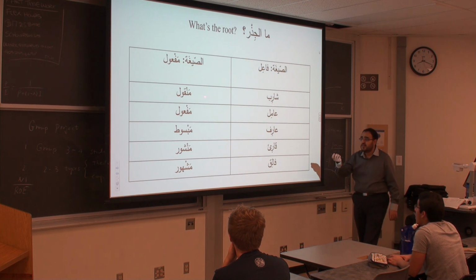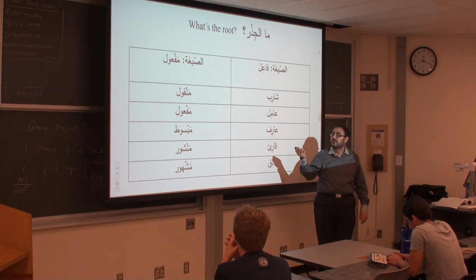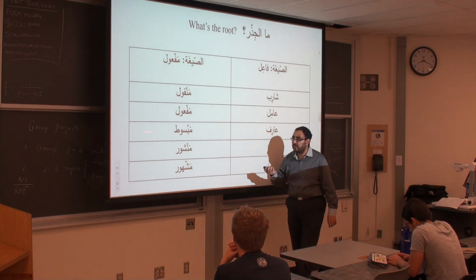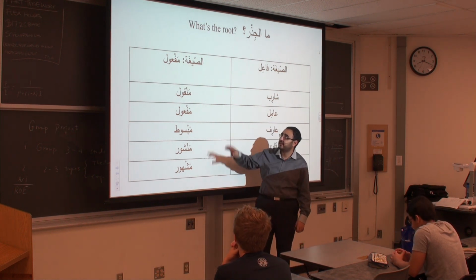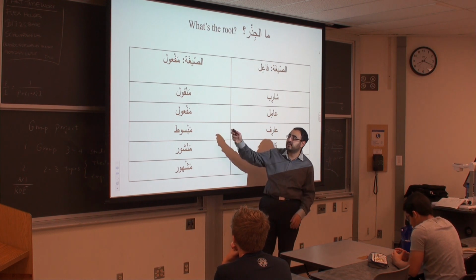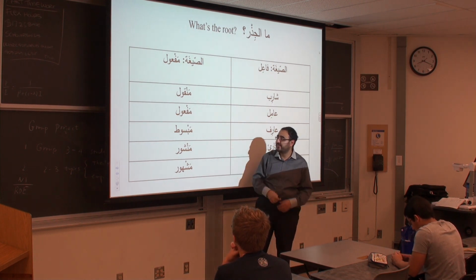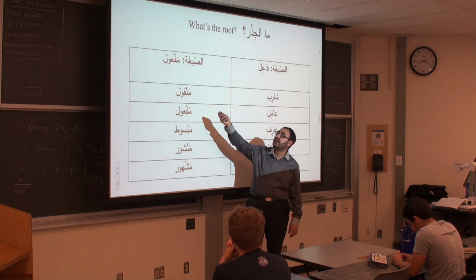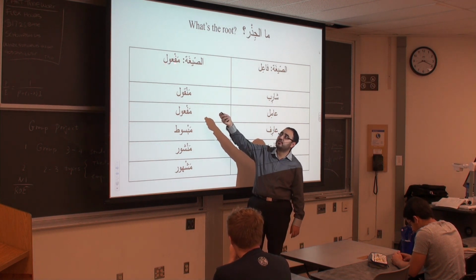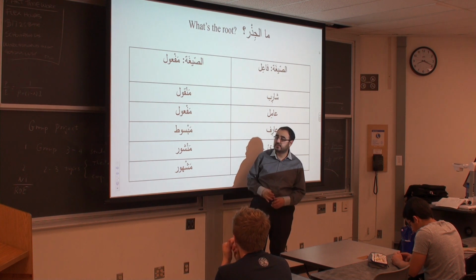Same in this one. Okay, it will be maf'ul, so manqul, maf'ul, mabsut, manshur, mashhur, all of them have the same morphological weight, which is just the pattern, nothing added before or after. So you just remove the meem with the fatha, remove the waw, and you're left with the 3 letters of the root.